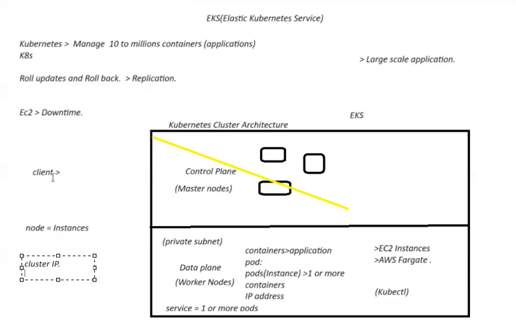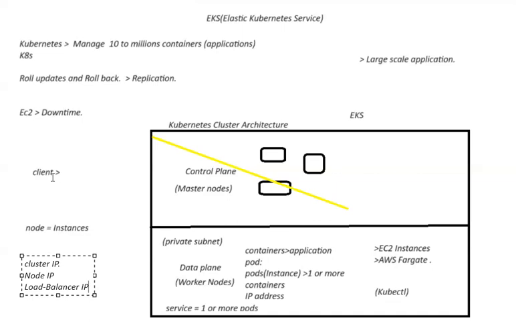Whenever you configure your services, there is an option: you configure for cluster IP, or node IP, or you have another option, that is load balancer IP. So you have these three options while configuring.